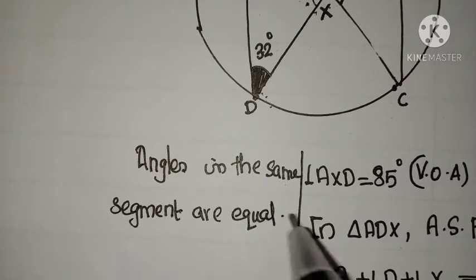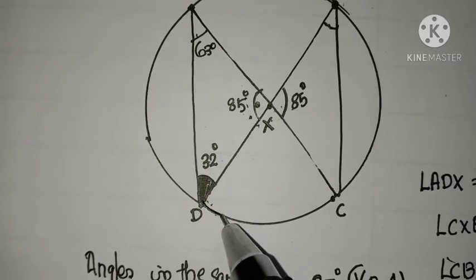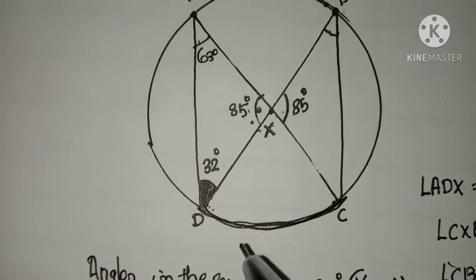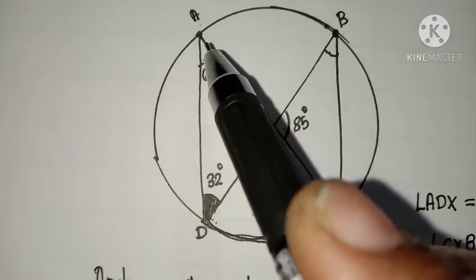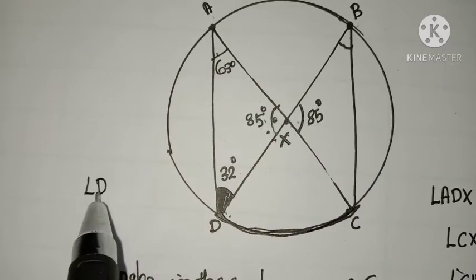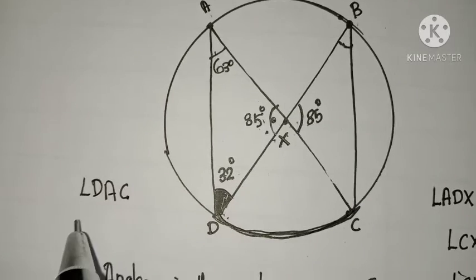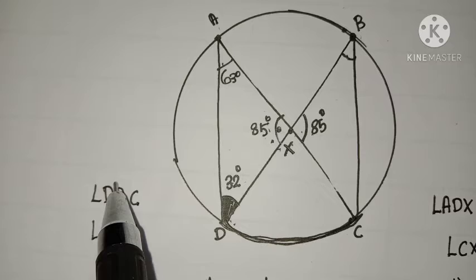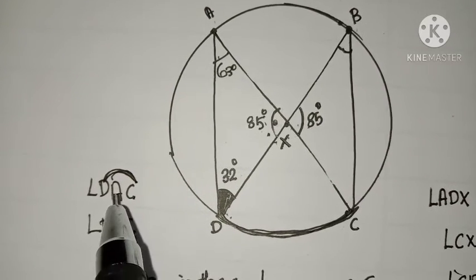So angles in the same segment are equal means, listen, suppose the segment or the arc DC. Now listen, the angles DAC and DBC. Just note down the endpoints. What are the endpoints? DC, isn't it?